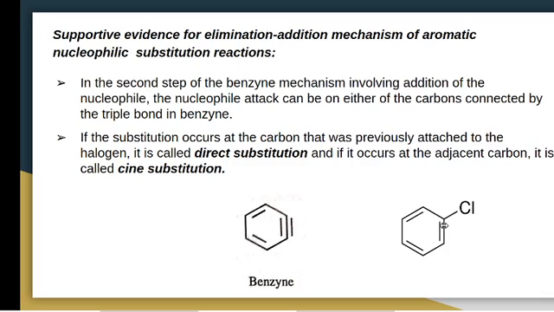So finally the nucleophilically substituted product can be on this carbon or on the adjacent carbon. That means the incoming nucleophile can replace this halogen and attack on this carbon, or otherwise it can attack on the adjacent carbon atom. That is because of the formation of the benzyne intermediate.